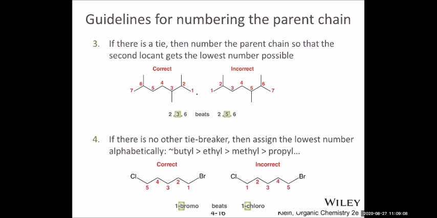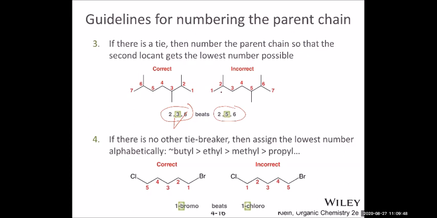So between these 2 molecules, the locants for the substituents are 2, 3, and 6. For the right molecule, if you start from the opposite direction, starting from the left-hand side as number 1, the locants for substituents are 2, 5, and 6. Between these 2, 2, 3, 6 is better because the number 3 is smaller than 5.